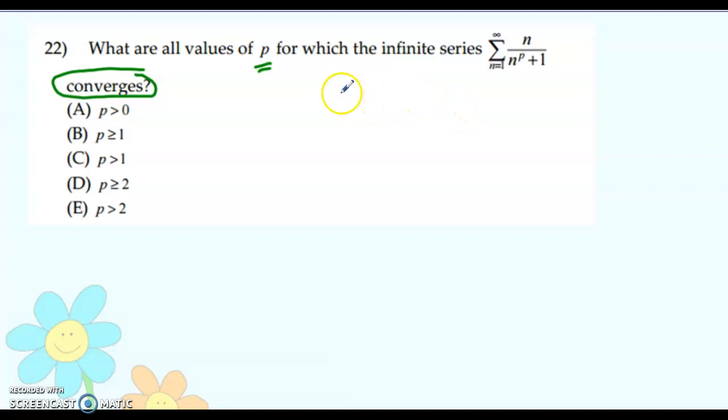The function n over n to the p plus 1 is going to be very similar, and we'll talk about this more explicitly a little later in our notes.